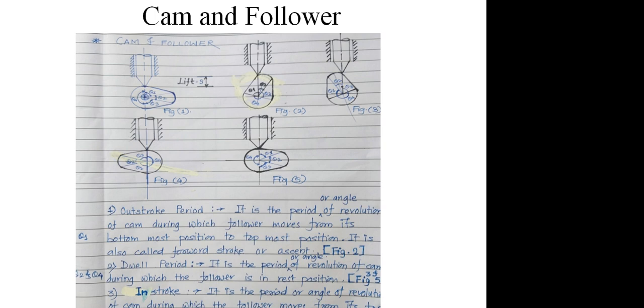So there are two possibilities in the motion of follower. First, the dwell period may be in between outstroke and return stroke. The second possibility, the dwell period may be after outstroke and instroke of the follower.